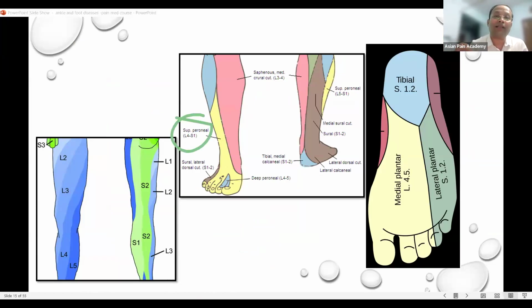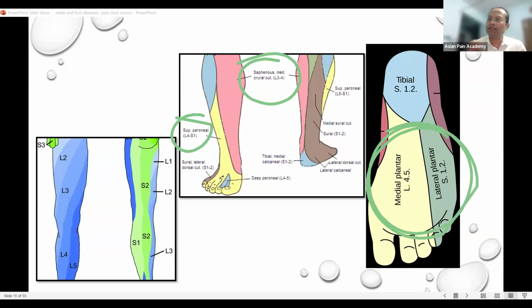Anterior medial side is supplied by the saphenous nerve. The plantar side is supplied by the medial plantar nerve and lateral plantar nerve, which are branches of the posterior tibial nerve. Only the first web space is supplied by the deep peroneal nerve, or anterior tibial nerve, found on the anterior side of the ankle.